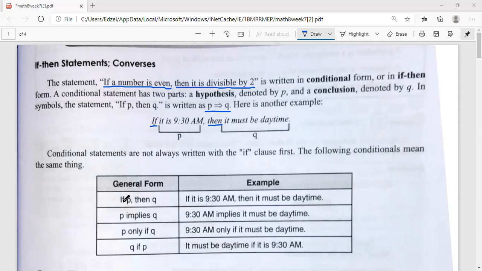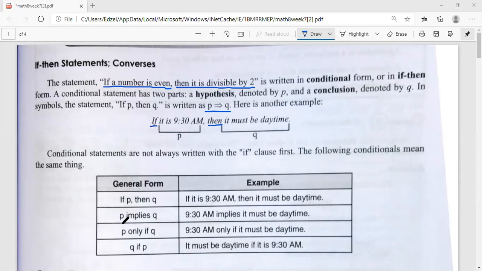For example, sa table dito sa general form, this is an example. So they have said, sir, it's not always in if-then form, right? This is an example of if-then form. P is the hypothesis, Q is the conclusion. If it is 9:30 a.m., then it must be daytime.